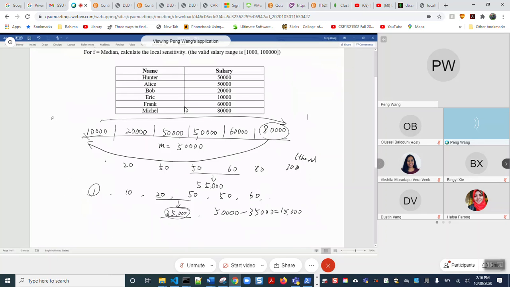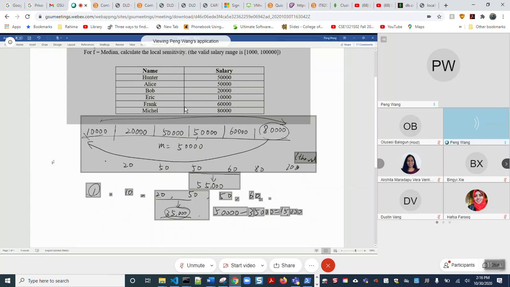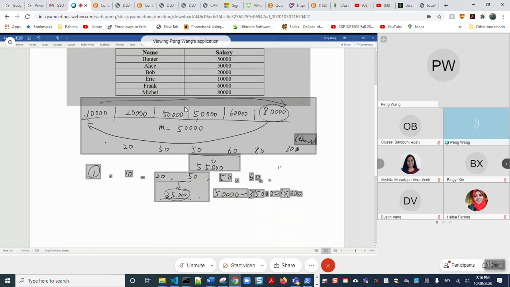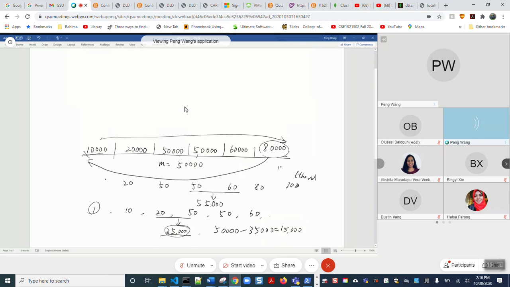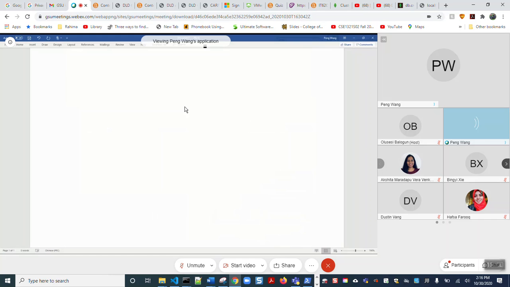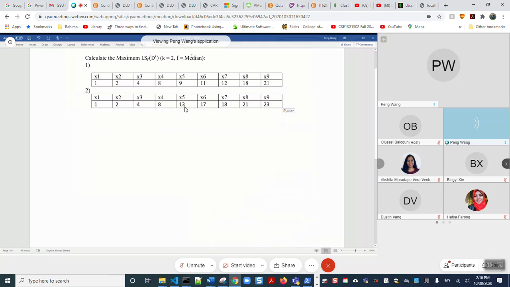Okay, I think that's okay. Now let's move to question 3. Question 3 is also we need to calculate, for f equal to median and k equal to 2, the LSF.